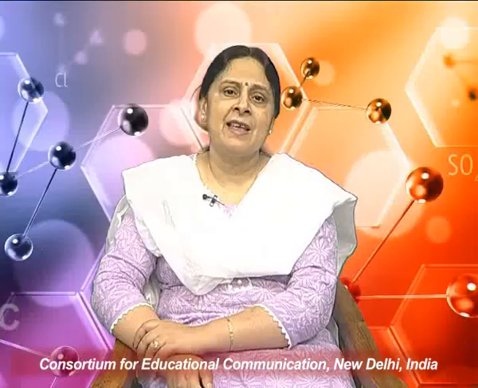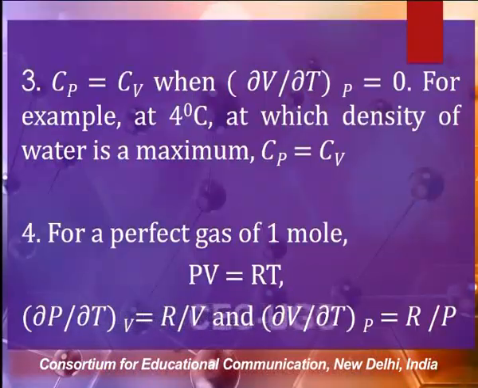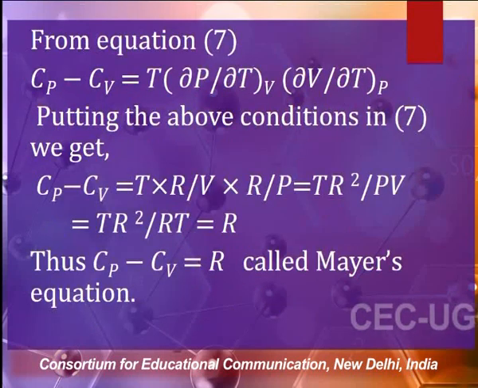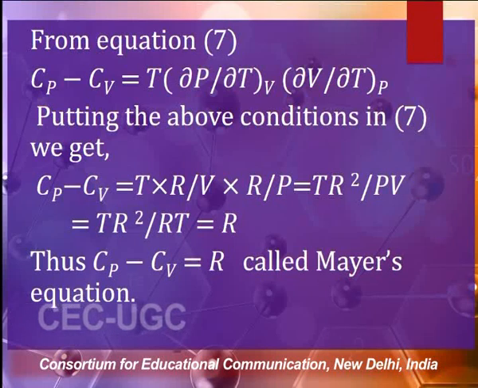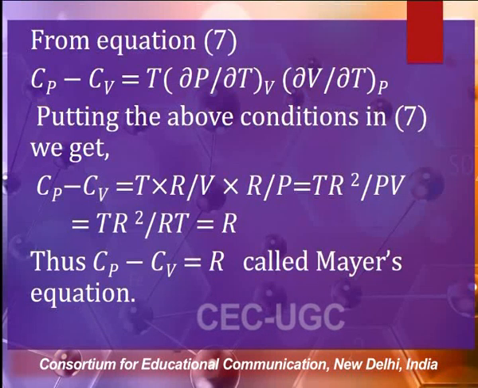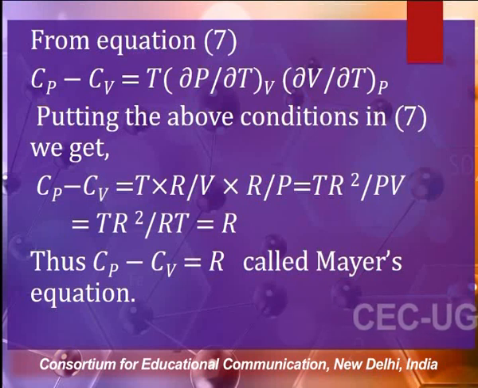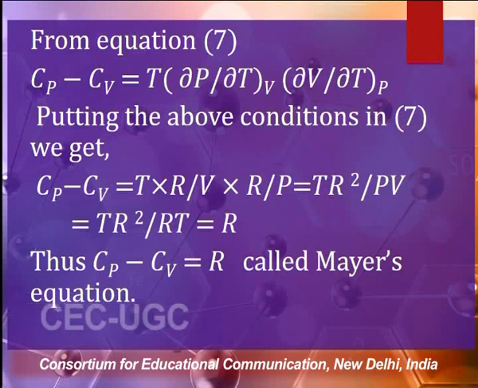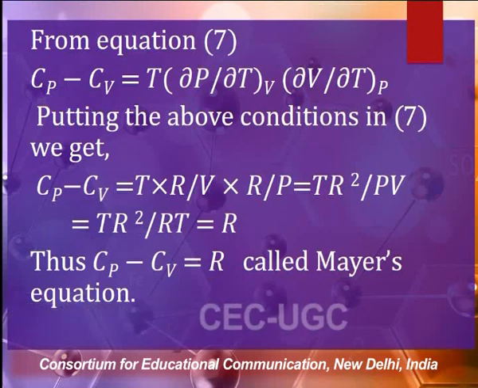For a perfect gas, PV is equal to RT, and so we have (∂P/∂T) at constant volume equal to R by V, and (∂V/∂T) at constant pressure equal to R by P. From equation 7, we get Cp minus Cv is equal to T times (∂P/∂T) at constant volume into (∂V/∂T) at constant pressure.